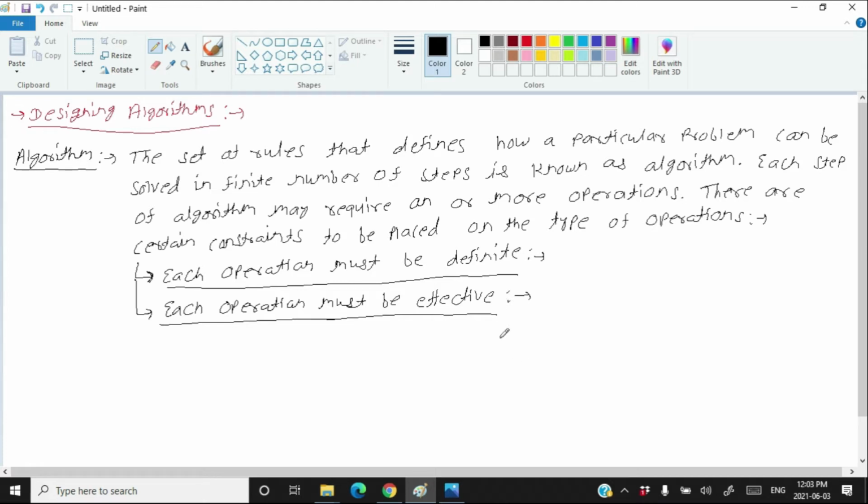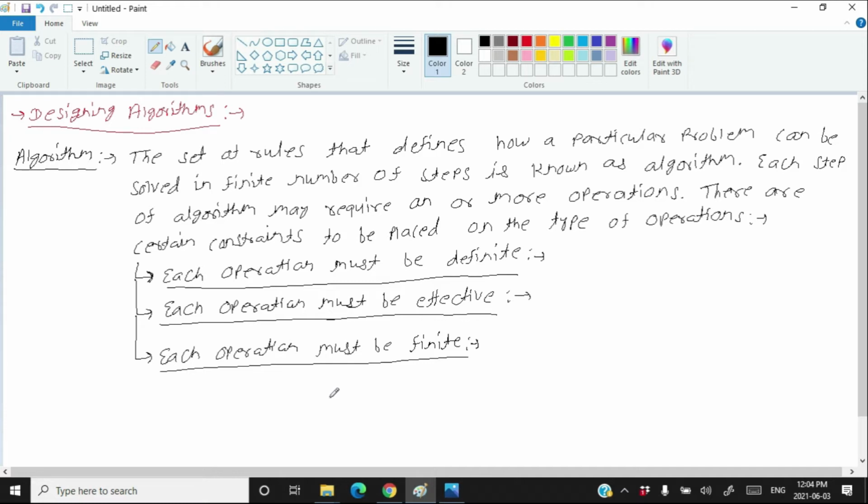Such operations are called effective operations. And the third one is that each operation must be finite. That means an operation should not take forever to execute. It must take a finite amount of time to execute.